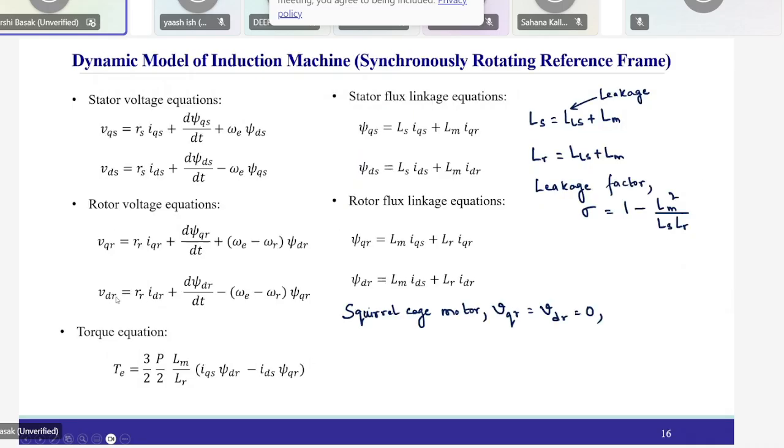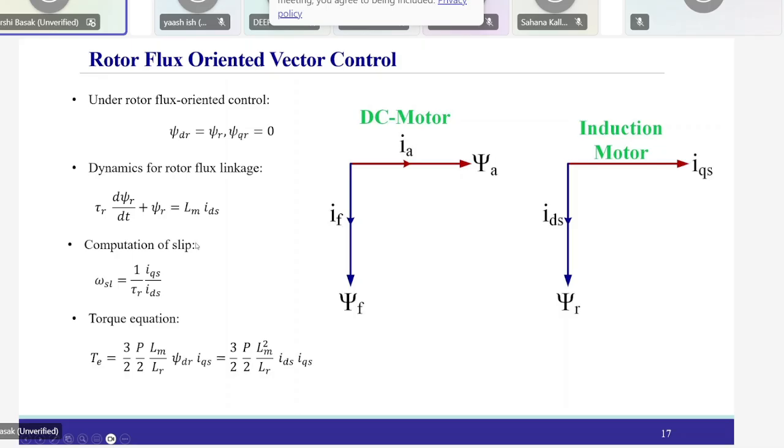If you substitute here, psi QR equal to 0, psi DR equal to psi R, and you substitute IDR using this expression, make it in terms of psi R, then you arrive at this equation. So this equation determines the dynamics of the rotor flux linkage under rotor flux oriented vector control drive, right?